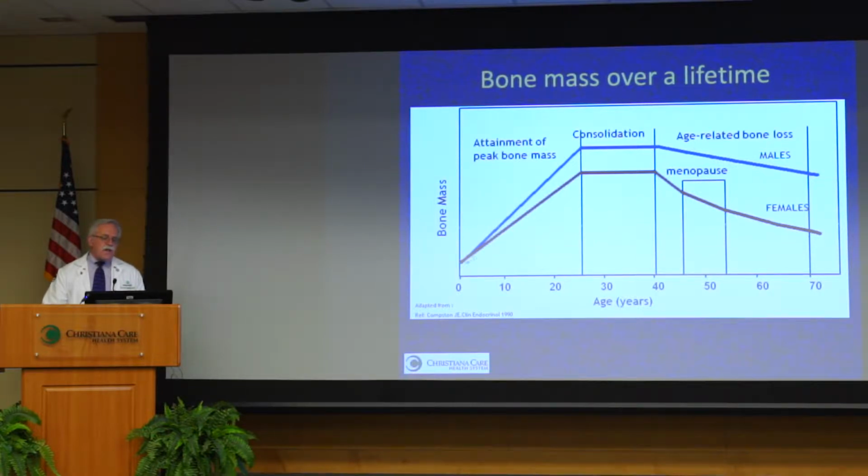What you can see from this graph, though, is that men build more bone than women, and then when they start to lose bone, women lose bone faster than men. It's not fair, but unfortunately it's the way it is. But that's sort of what we have to deal with, and it's related to the balance of those osteoblasts and osteoclasts that are building bone and chewing up bone.